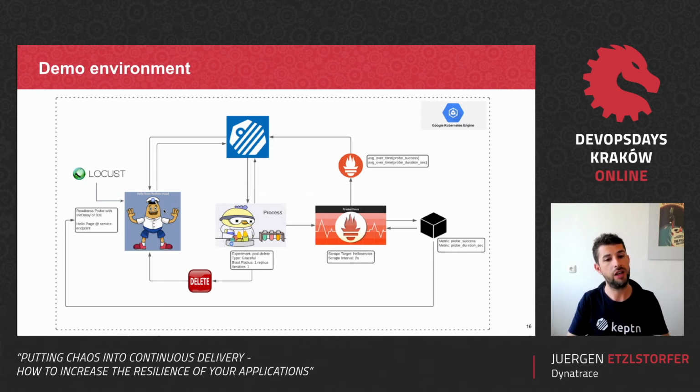And when we trigger the experiment, when we trigger the CD pipeline, we will first deploy a new version. Then we will start the Locust tests. We will also trigger the LitmusChaos, which will go ahead and delete one instance of our application.